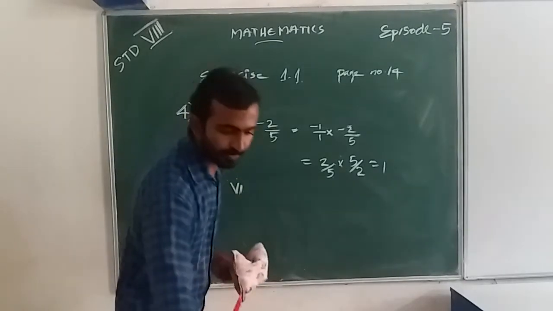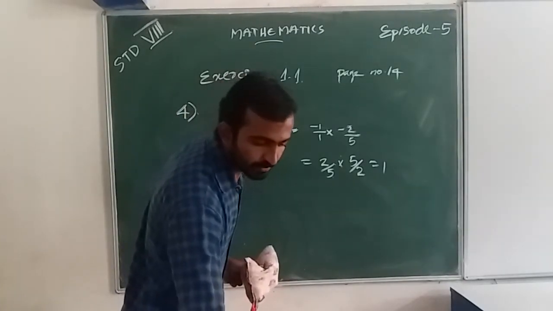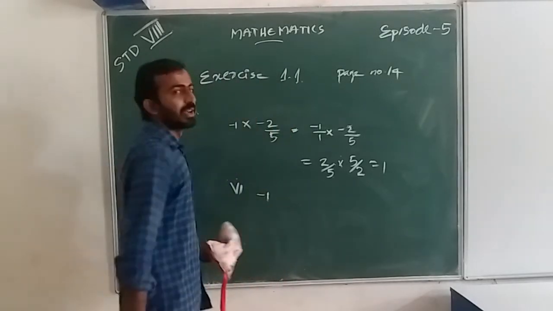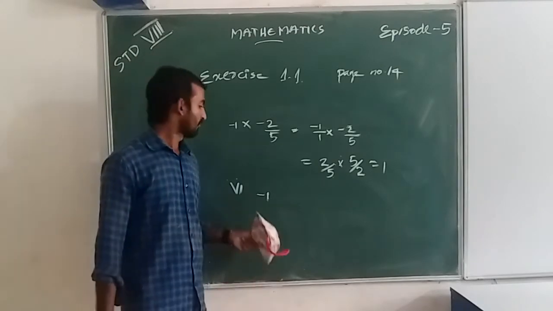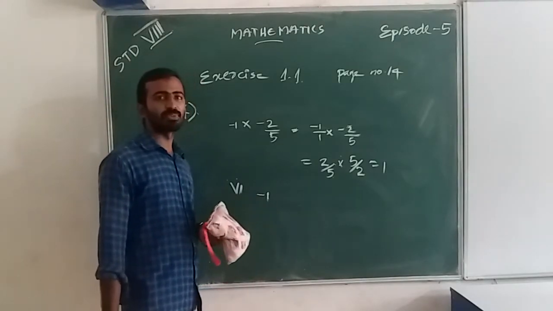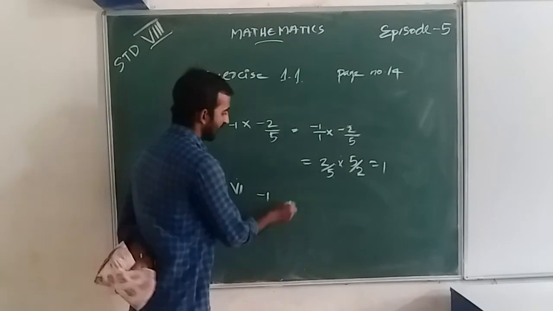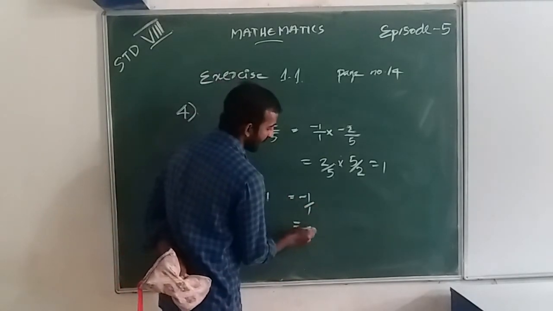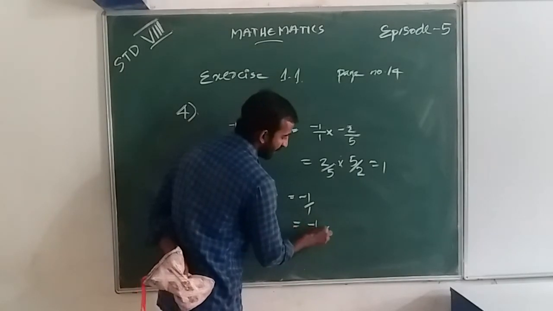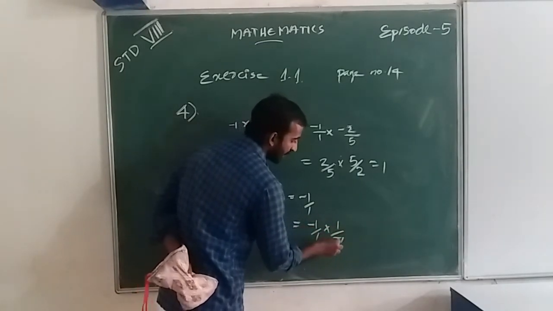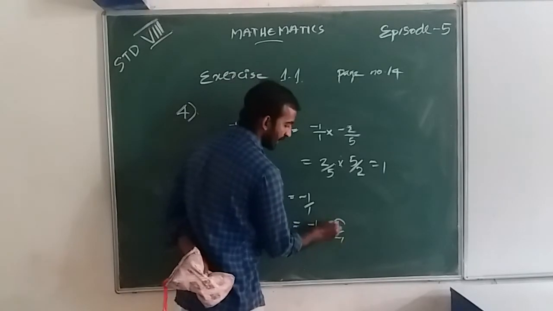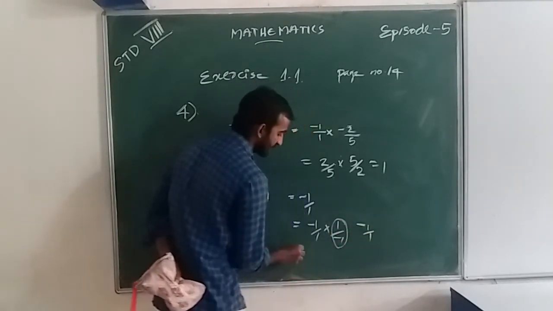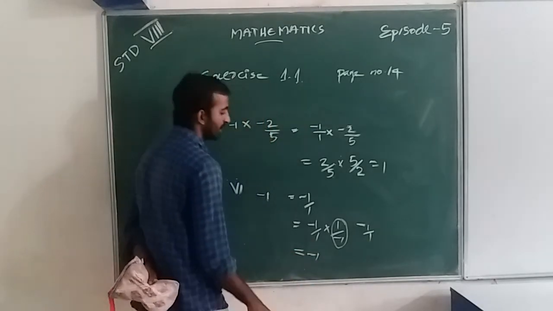Next is the sixth one. Find the multiplicative inverse of negative 1. Here we can write negative 1 by 1. We take the reciprocal, 1 by negative 1, which we can write as negative 1 by 1, that is, negative 1.